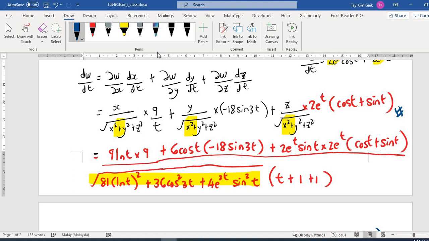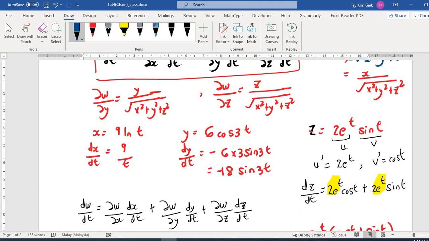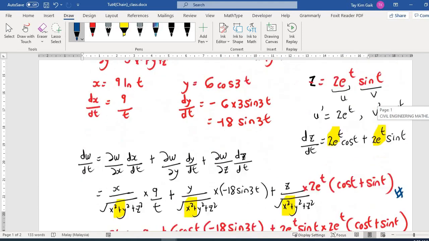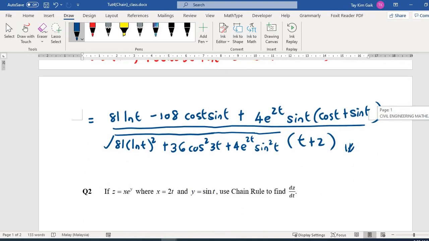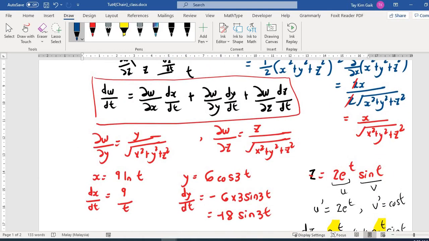If the question didn't mention you must have the answer in terms of t, then you may leave it in this form. So any question for question 1? Basically, you just find the partial derivatives and then apply the chain rule formula.